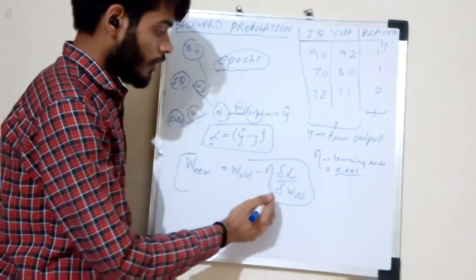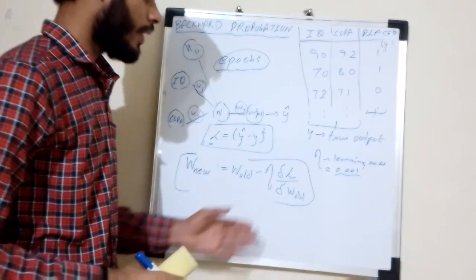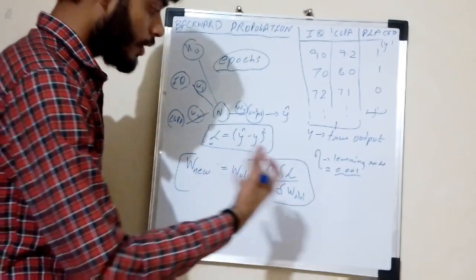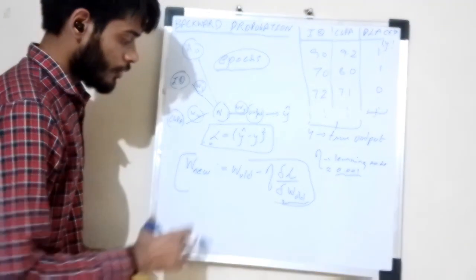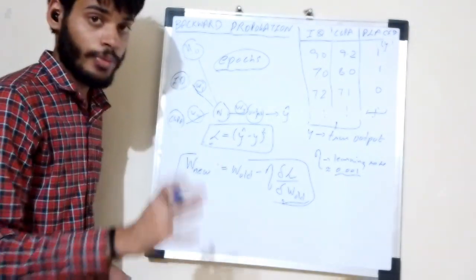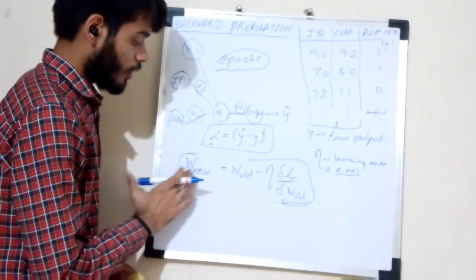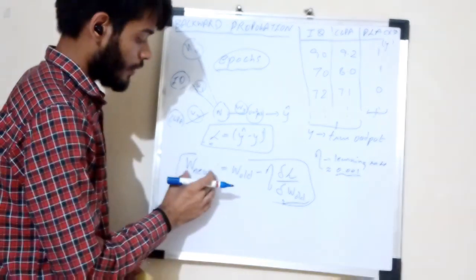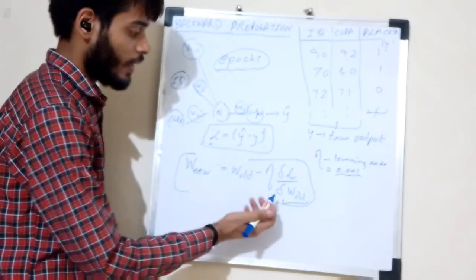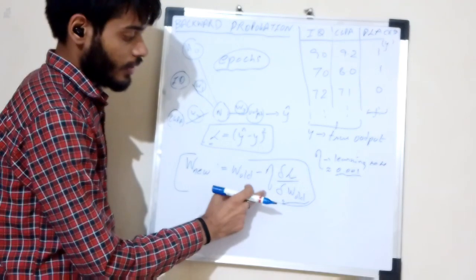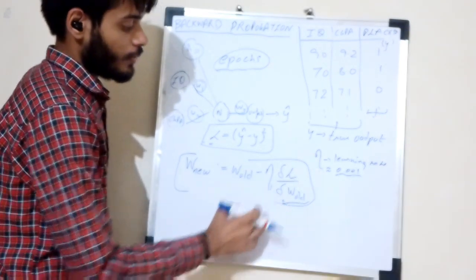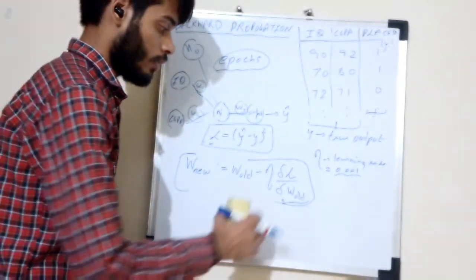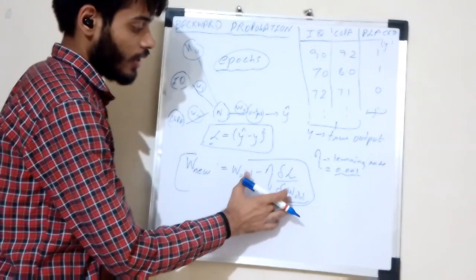Over here, del L by del W old, let's talk about what this is. I hope you understood how a new weight is getting updated: it is the old weight minus the learning rate into the derivative of the loss function with respect to our old weight.